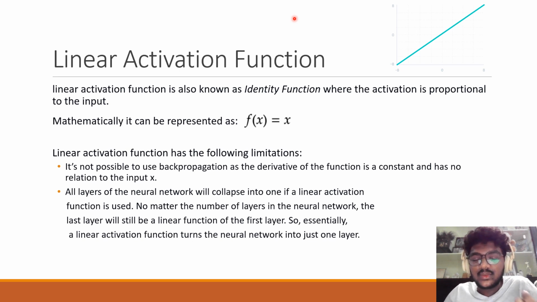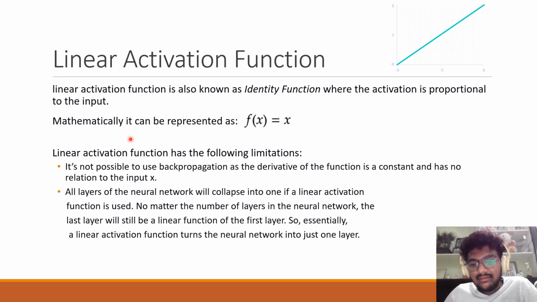So essentially, a linear activation function turns the neural network into just one layer. This is also a limitation, as the complexity is increasing, and if we directly trigger it to one thing, then it would be a problem. So we need to add some non-linearity in between the hidden layers to make the model more efficient.